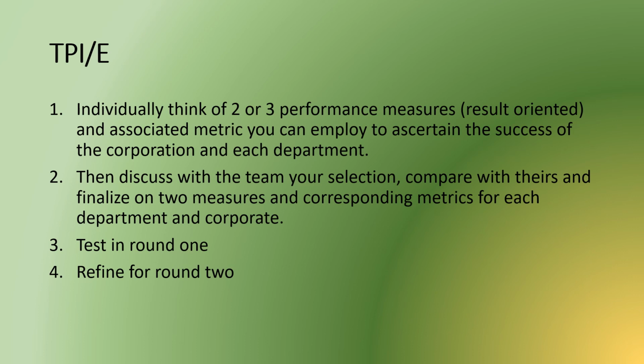What you should do, though, is go through your entire list and essentially come up with 2 measures and corresponding metrics that the functional department manager can modify accordingly for each and every department and for the corporation.